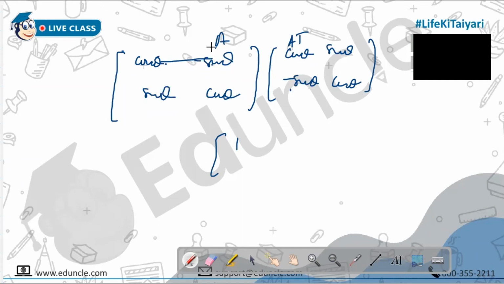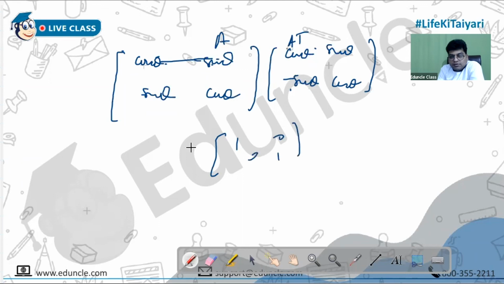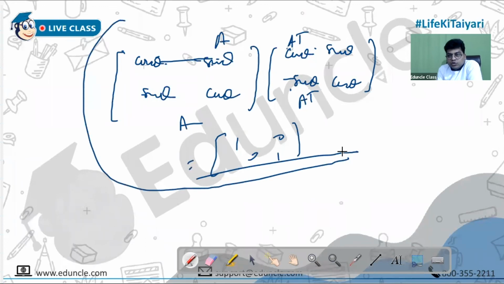Yes, this is orthogonal matrix. It means orthogonal can have eigenvalues real or complex. Yes, problem has been solved.